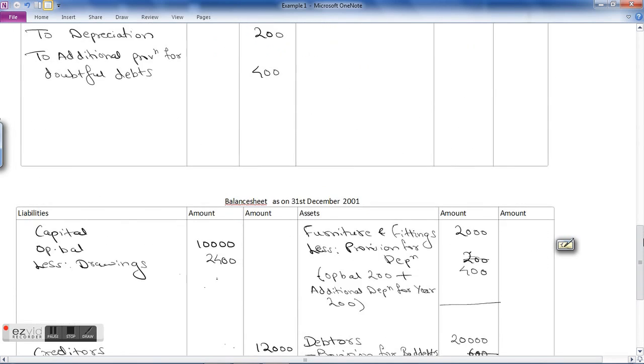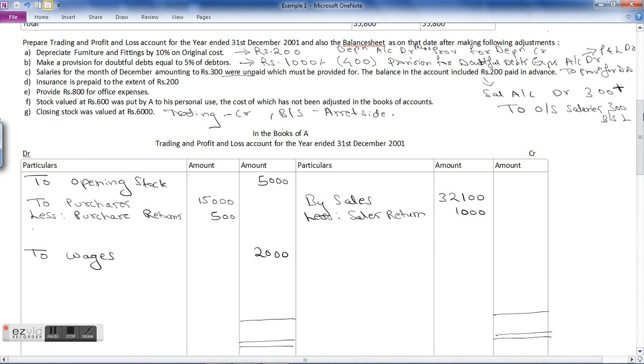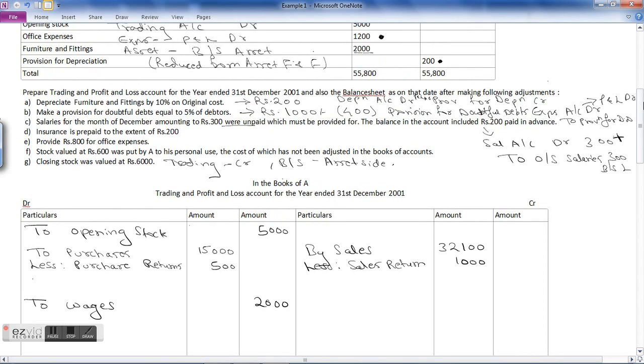Okay, now the next one, insurance is prepaid to the extent of rupees 200. Again, there is an insurance which is prepaid. Prepaid insurance is included in your insurance, so the entry will be prepaid insurance account debit to insurance. You have to reduce it from expense and add it to your prepaid insurance account.